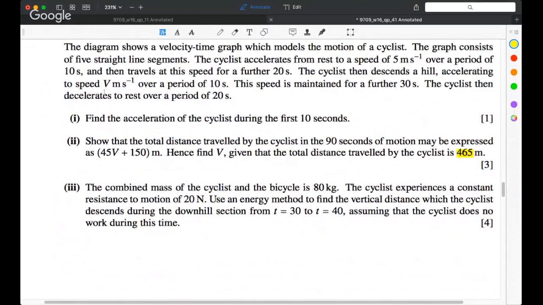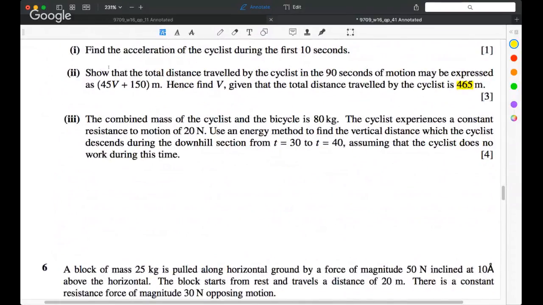The last question is a little bit more interesting. The combined mass of the cyclist and the bicycle is 80 kilograms. The cyclist experienced a constant resistance to motion of 20 Newton. So the energy method is pretty much saying that energy cannot be created or destroyed.